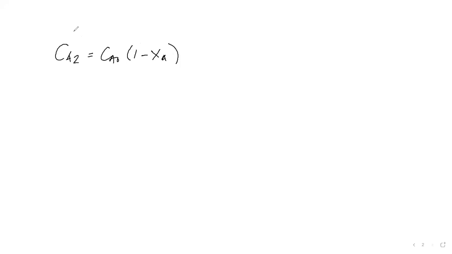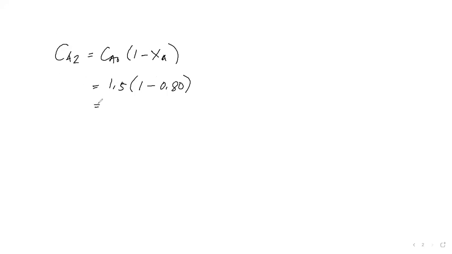So in that case, you will have 1.5 times 1 minus 0.80. Okay, so CaO times 1 minus Xa is the expected final concentration in the last reactor. That way we will have an 80% conversion.